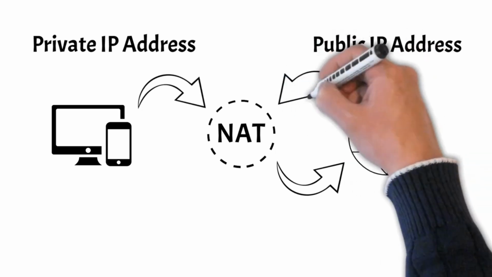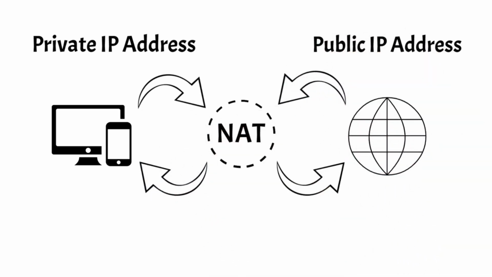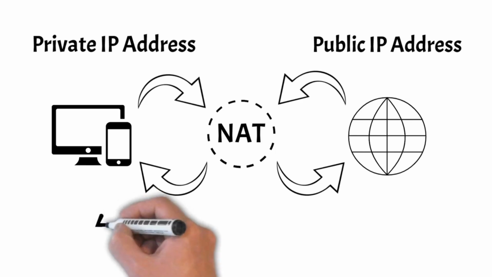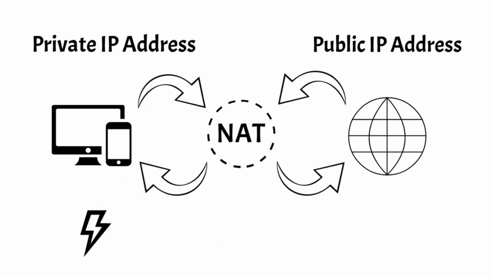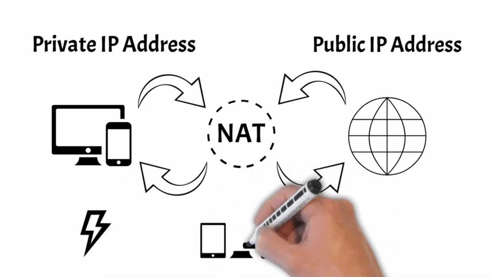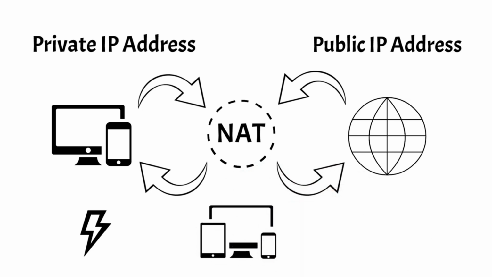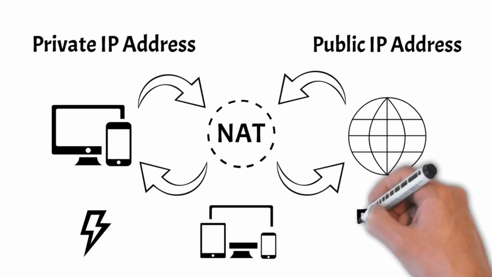When the response comes back, NAT translates the public IP address back to the appropriate private IP address within your local network and directs the data to the correct device. This process happens seamlessly and almost instantaneously, allowing multiple devices on the same local network to share a single public IP address. NAT not only conserves the number of public IP addresses needed, but also adds a layer of security.